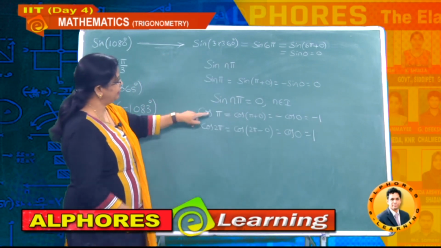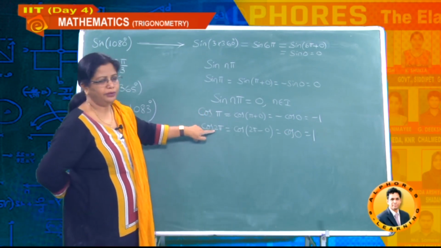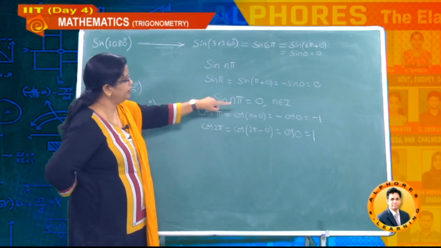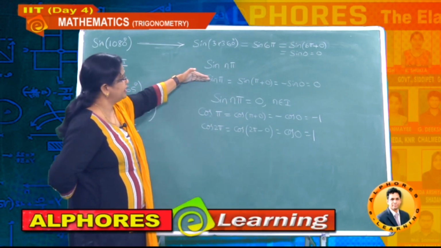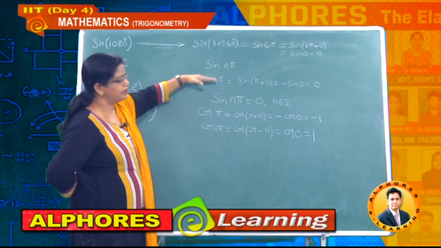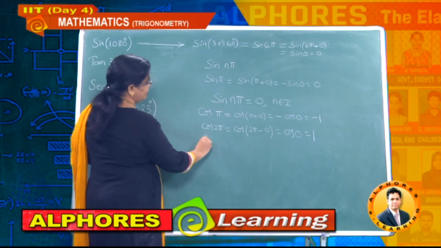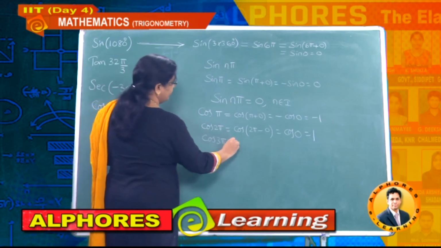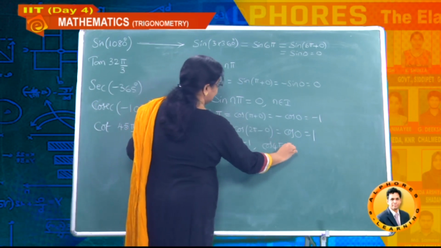And observe here, this pi is a multiple of 1 and this pi is a multiple of 2. So for multiple of 1 you got minus 1, for multiple of 2 you got plus 1, whereas here for all values you got 0, whereas here the change is coming. Hence we write here cos 3 pi also, I am observing you can get minus 1, whereas cos 4 pi you will get here plus 1.